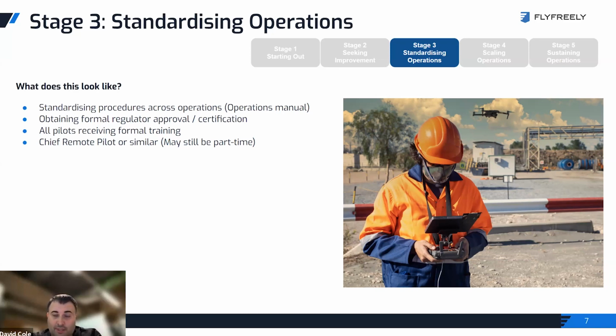At this stage, typically all your pilots have some sort of formal training, just to make sure they're all at the same base level. And you've probably appointed some sort of chief pilot or program manager, someone who's responsible for driving this. That may still be a part-time role, but it will eventually evolve potentially into a full-time role.